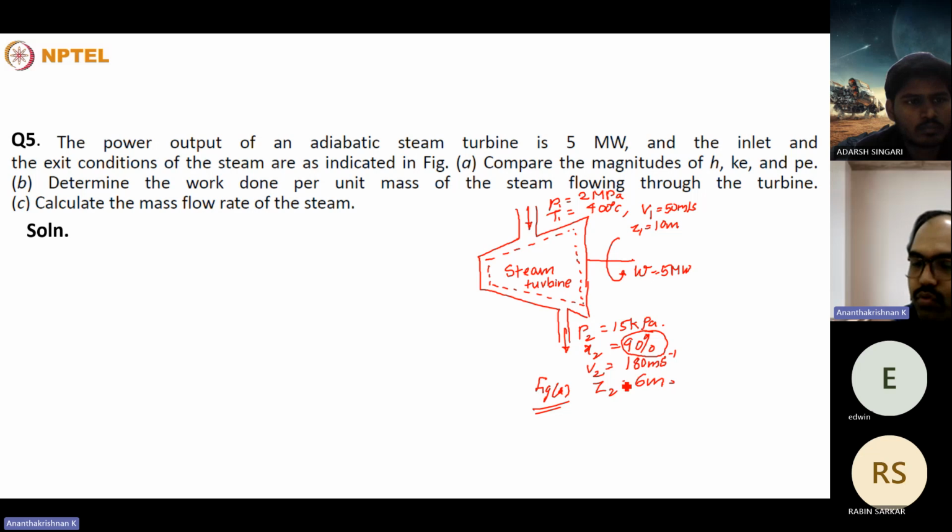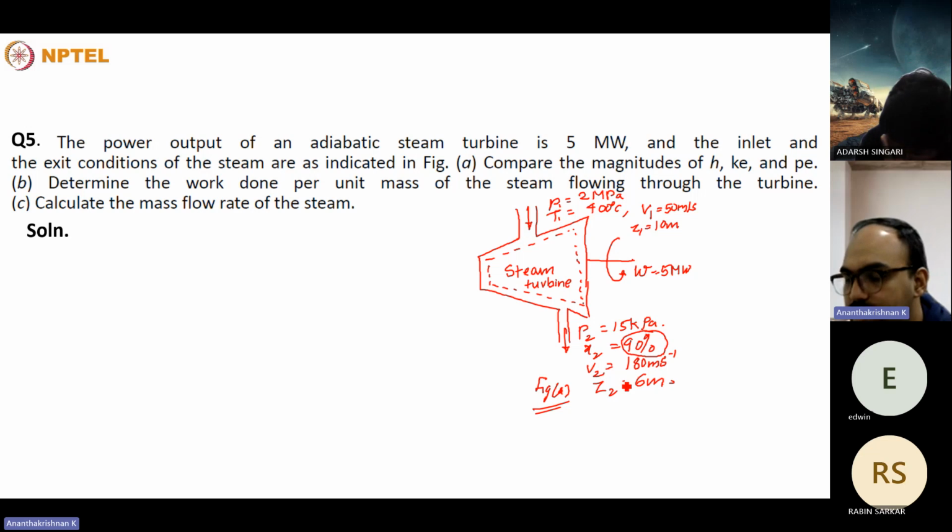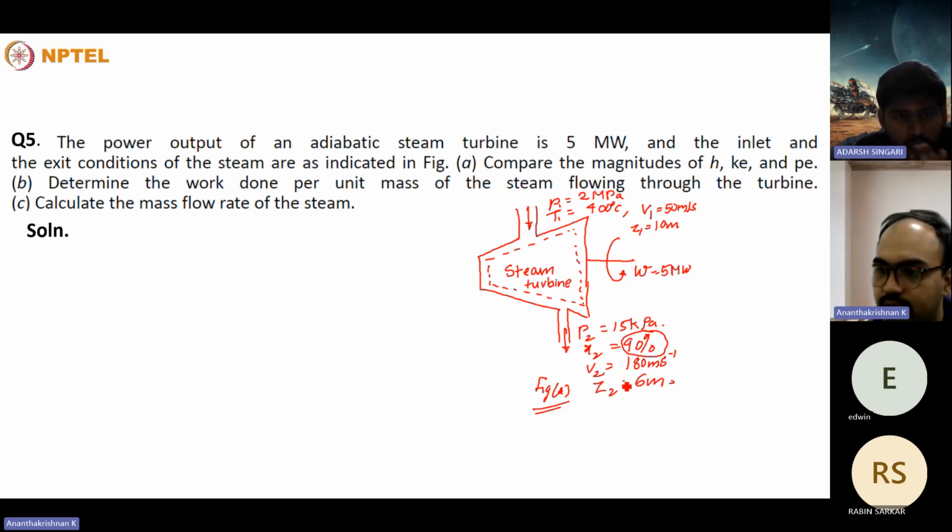So how can we draw the process in a TS diagram, TS plane? It's an adiabatic expansion of the steam in a turbine.